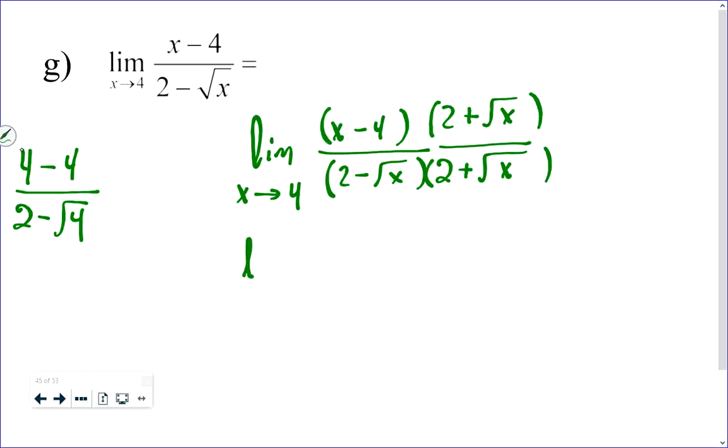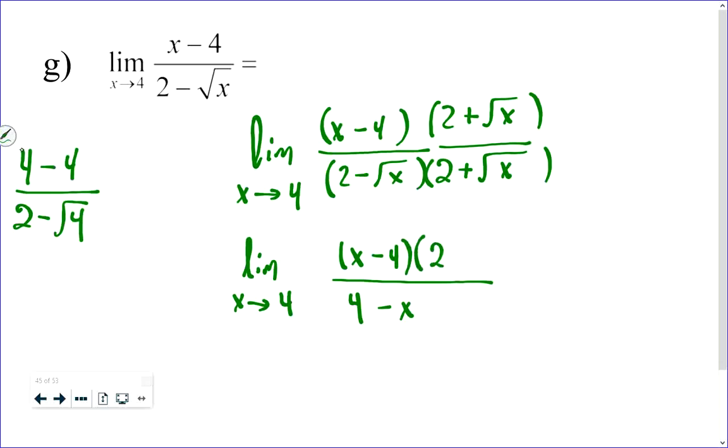When I multiply out the two conjugates on the bottom, I get 4 minus x. I have an x minus 4 on the top and a 2 plus root x on the top. Same thing that just happened a couple of minutes ago. x minus 4 cancels with 4 minus x to leave us a negative 1.